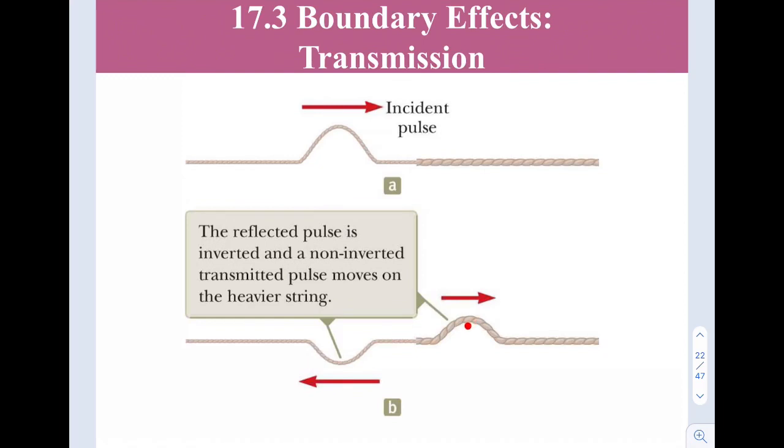The reflected pulse has a smaller amplitude than the incident pulse, based on conservation of energy. Here this is the incident, or initial, energy. After the incident, what will happen? It splits into two, right?